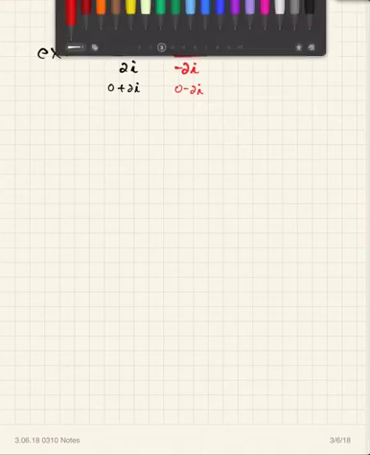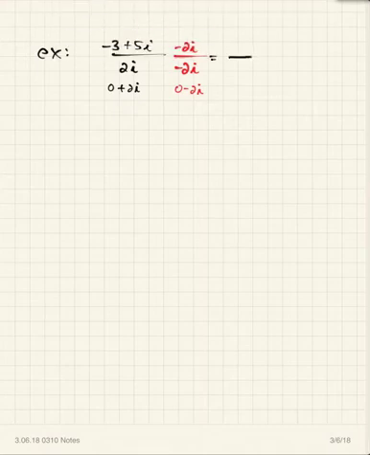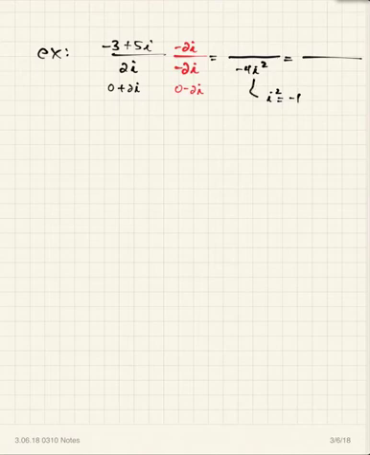All right, so let's see how this all works out here. In the denominator, all you have is 2i times negative 2i, so that's negative 4i squared. i squared is equal to negative 1, remember. I've only said that a few times in the last 30 minutes. So this is positive 4 in the denominator, because it's negative 4 times negative 1. In the numerator, you do have to use the FOIL method to multiply this out.